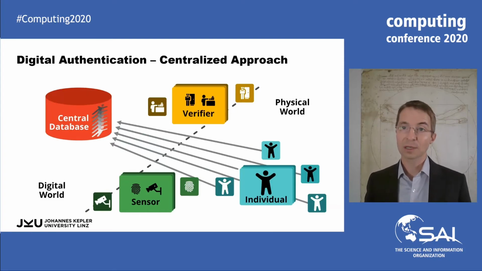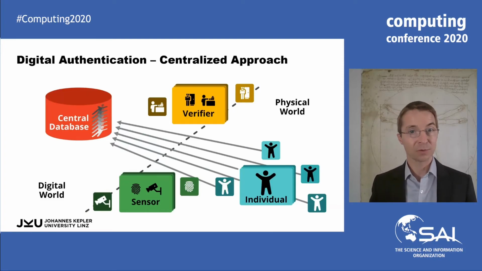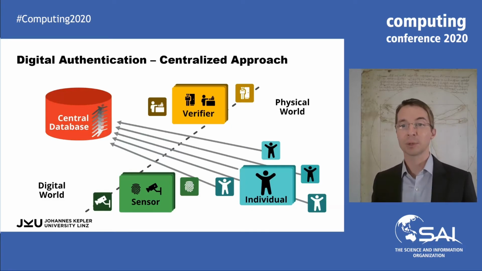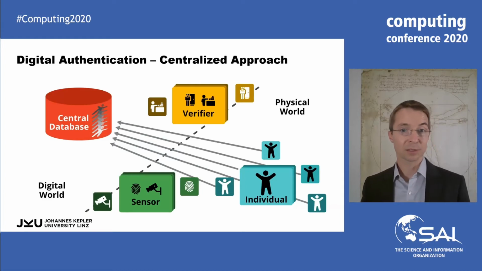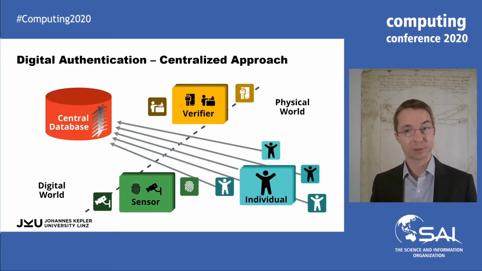All sensors can feed measured attributes into that database, and all verifiers can simply query this database to find out if a particular individual has the required permission or attribute for an interaction. The Aadhaar system in India, with centralized biometric data of over 1.2 billion citizens, has been the largest example of this approach since 2016. Unfortunately, this centralized approach also carries massive risk.